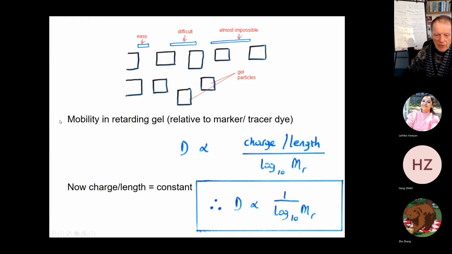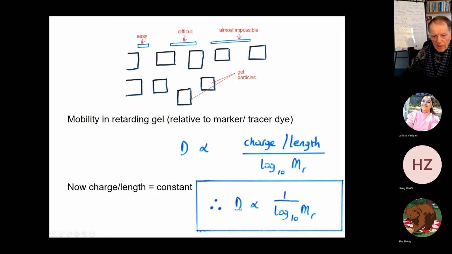So it's been found empirically that the mobility on a gel under the influence of an electrical field will depend on the charge, meaning proportional to charge per unit length, which is a constant, divided by the log of the molecular weight.